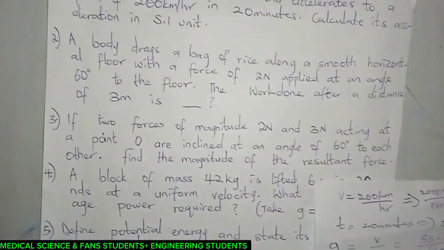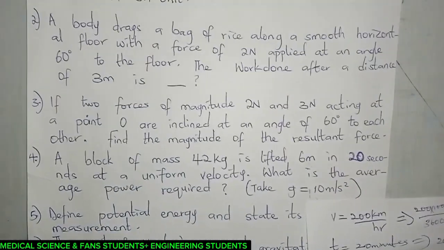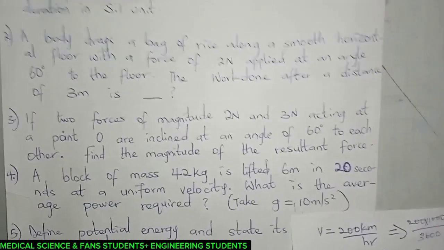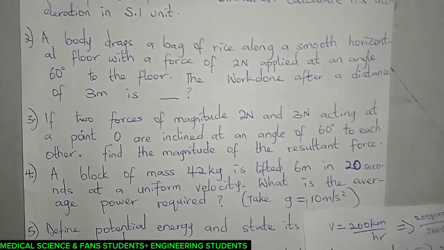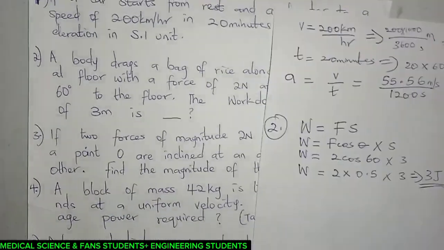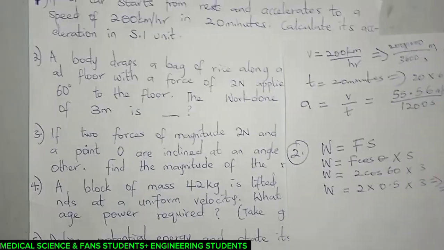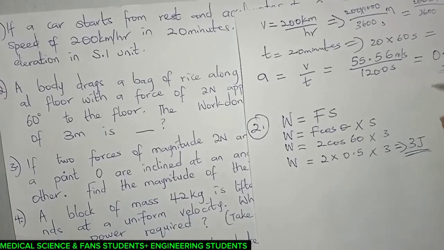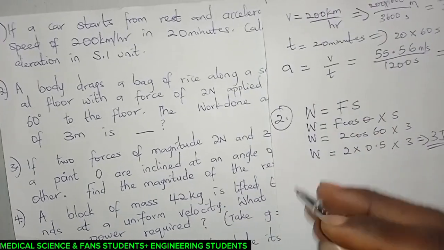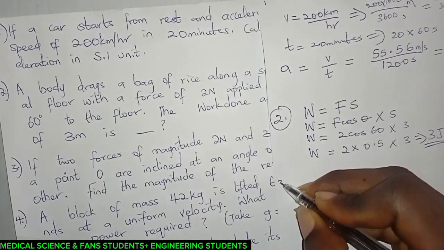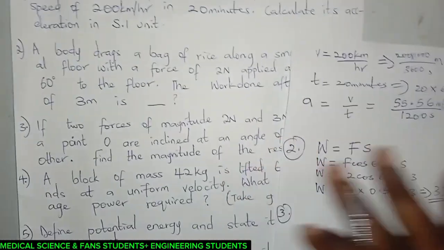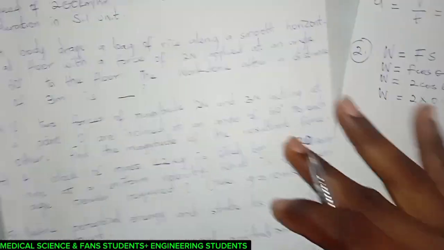Alright, number 3. It says if two forces of magnitude 2 Newton and 3 Newton. Okay, let's do it this way. Number 3. Two forces of magnitude 2 Newton and 3 Newton.